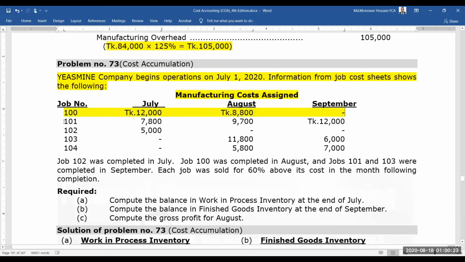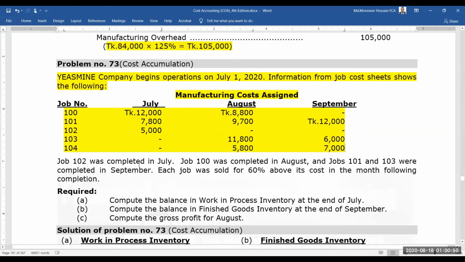And the same way, job 101: July 7,800, August 9,700, and September 12,000. Job 102: July 5,000, another 2 months nil. Job 103: here August and September the cost occurs, and job 104 also the same way.